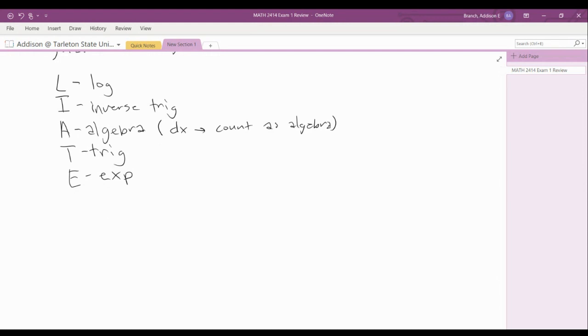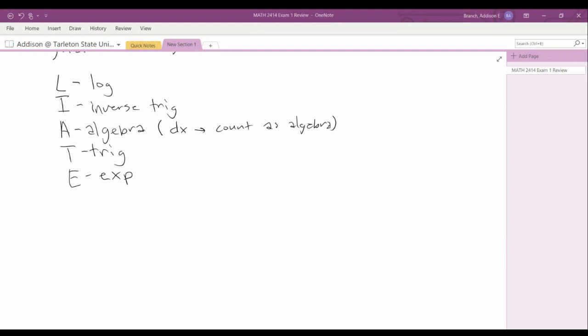All right, let me go ahead. I think we have a question here. Yeah, that's a good question. We had someone say that they learned a different one, LIPET: log, inverse trig, polynomial, exponential, and trig. So they're asking if exponential and trig have the same level.